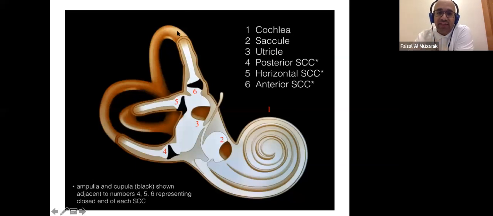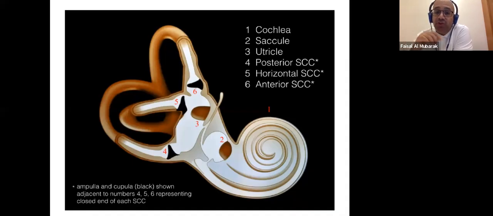So we have this canal and another canal inside, and there are fluids inside. The darker one here is what we call the perilymph, and the lighter one here is what we call the endolymph. So we have the perilymph and the endolymph.